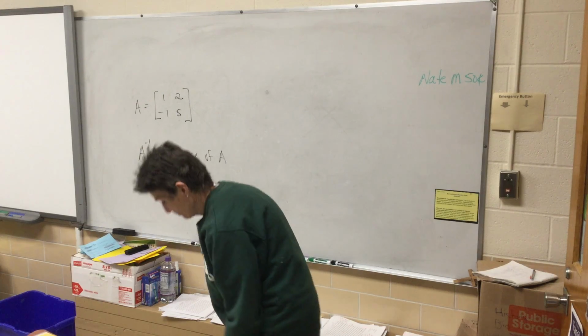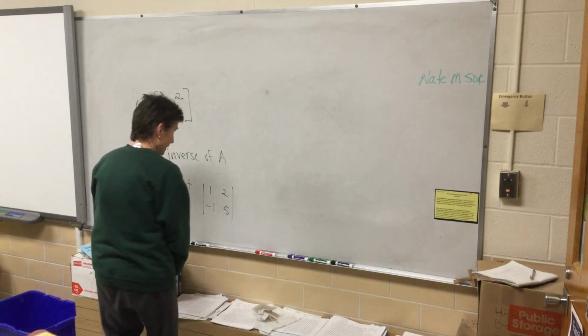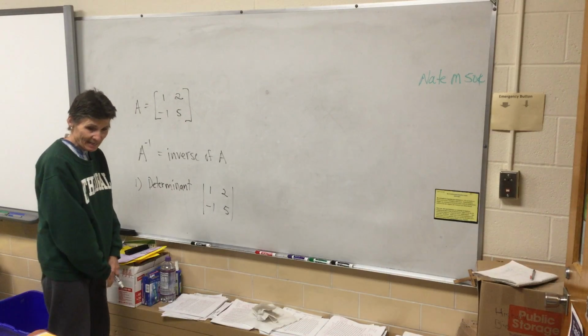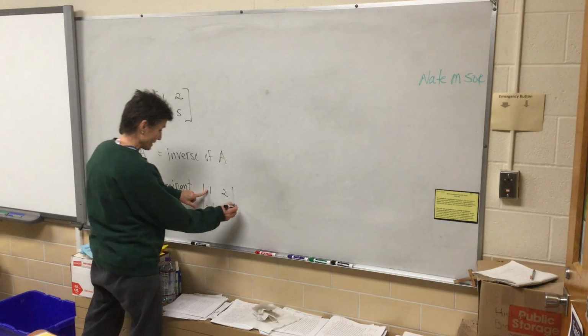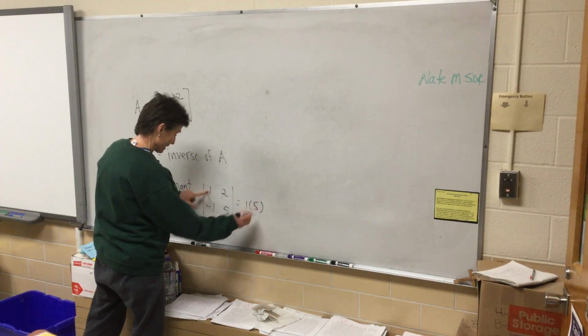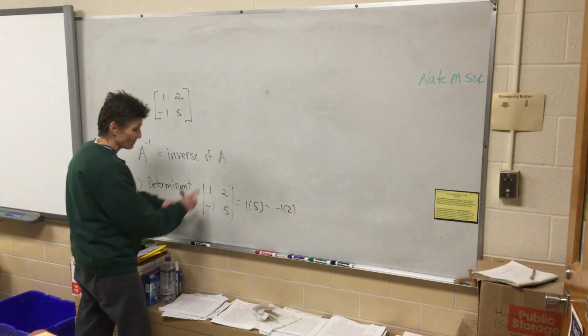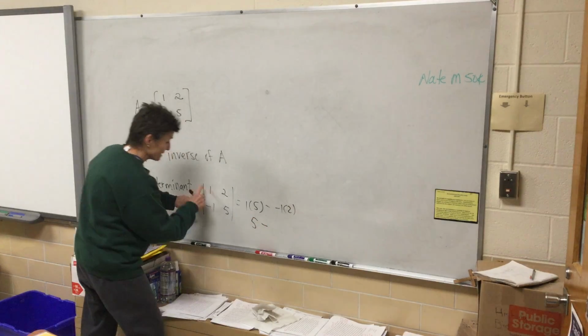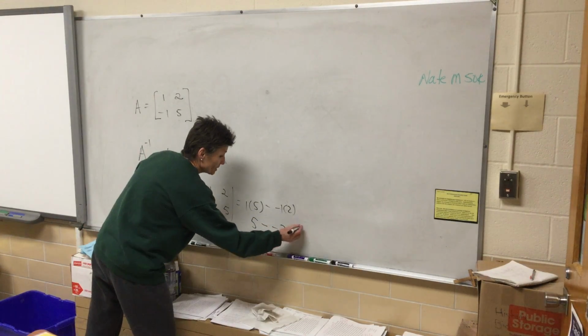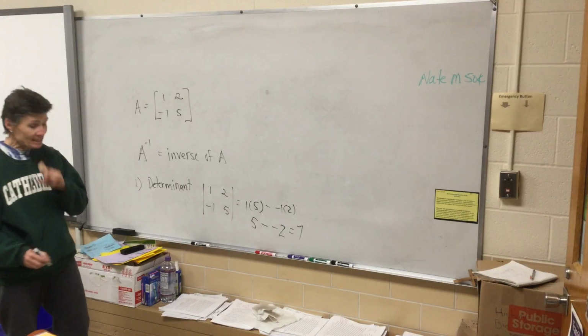Okay. Isn't it like 3? No, but I know exactly what you did. You made the same mistake Gabe did earlier. It's 1 times 5 and negative 1 times 2, and then those are subtracted. So it's 5 minus negative 2. So the determinant is actually 7.